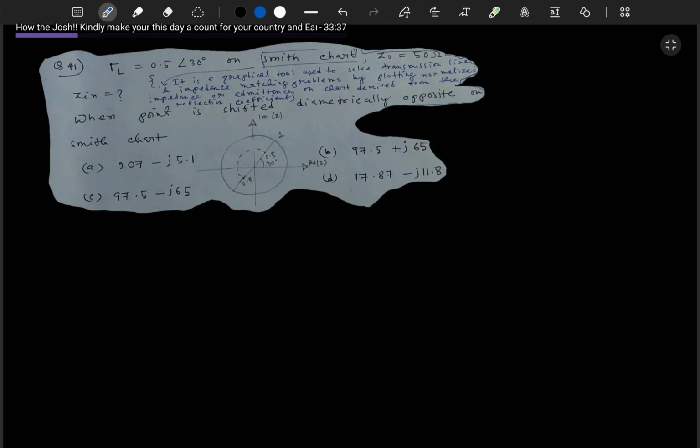Now a Smith chart is given, when a point is shifted diametrically opposite on the Smith chart, then what is the value of Z in here? Wait, let me take some water.